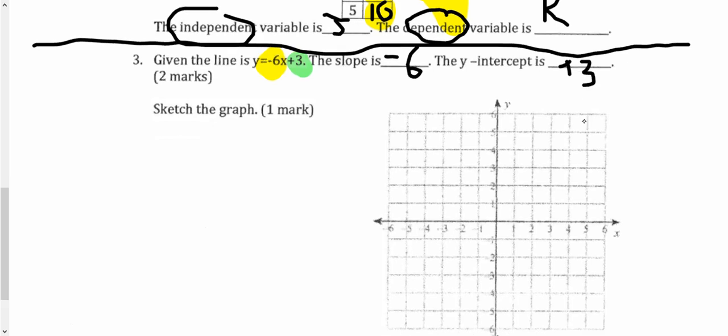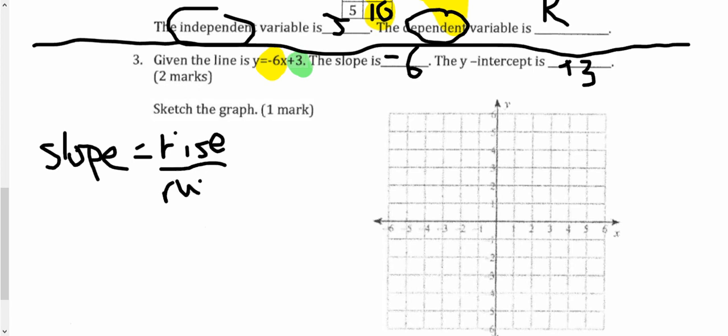Now remember, slope is 2 words, rise over run. Well, here, this negative 6 means I'm going to go down 6. And then I'm going to go over 1. So instead of rise, because of the negative, it means going down.